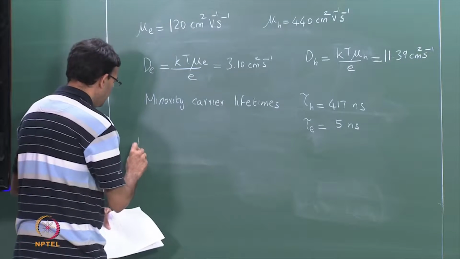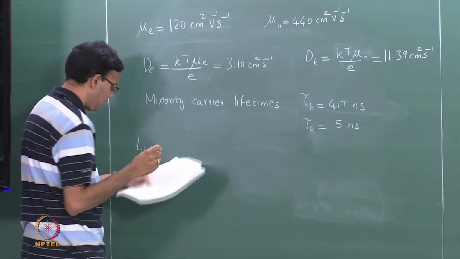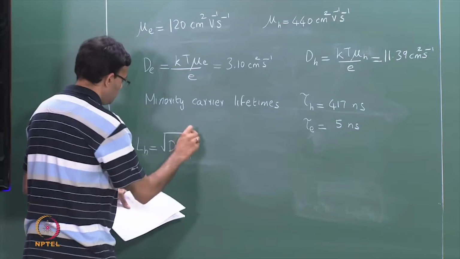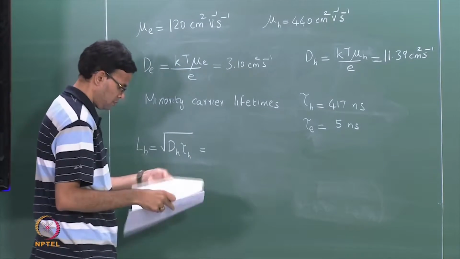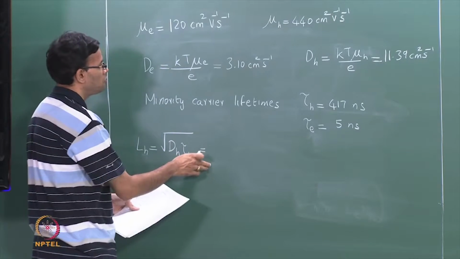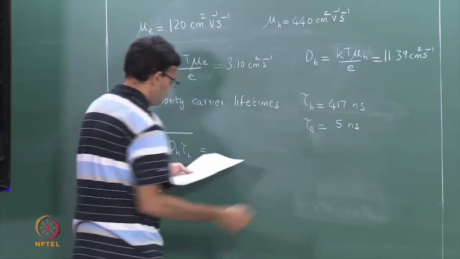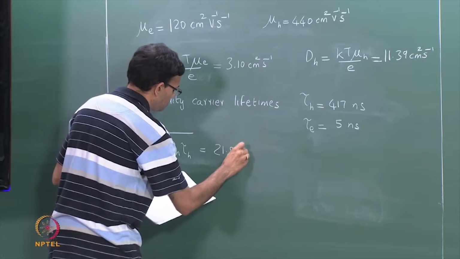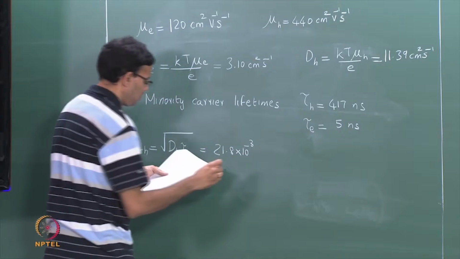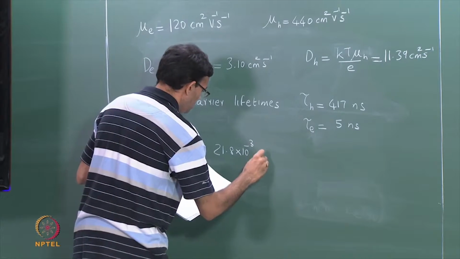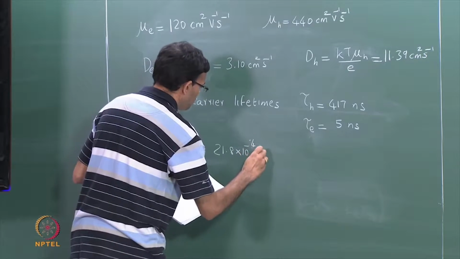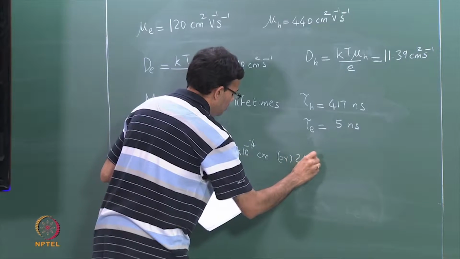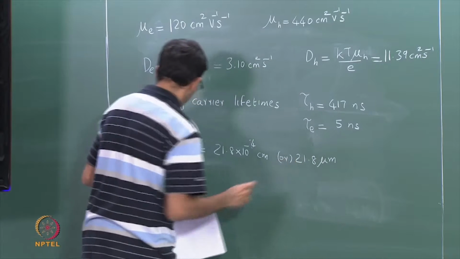So, we can then calculate the diffusion length. So, we can substitute the values. We have Dh here, we have tau h here. So, Lh is 21.8 times 10 to the minus 4 centimeters, or 21.8 micrometers.